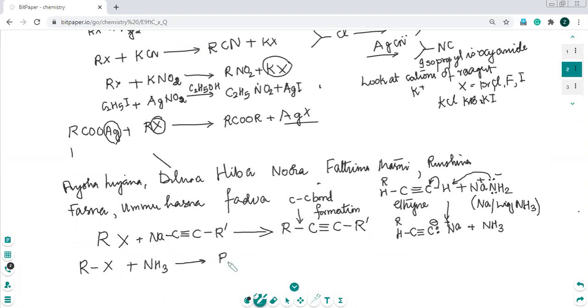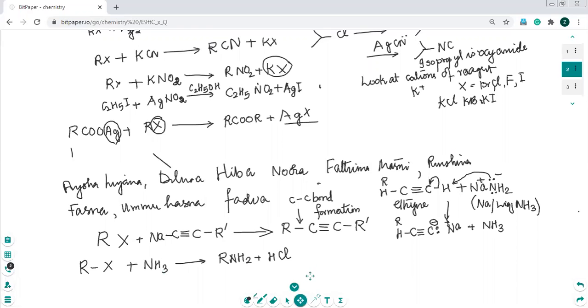You will get RNH2 plus HCl. Okay, RNH2 plus HCl. What has happened is one hydrogen is replaced by R. One hydrogen is replaced by R.